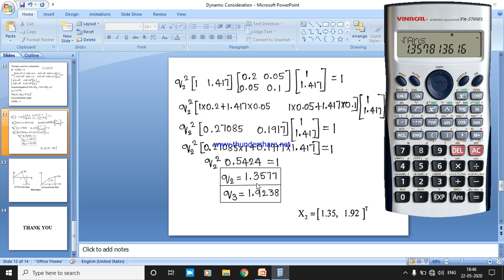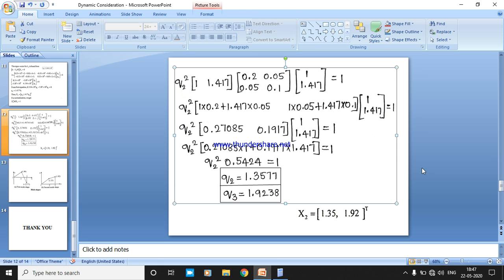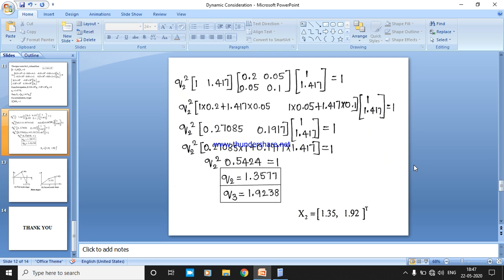So I got 1.35, and if I multiply this value with 1.417, I got 1.92. So finally the eigenvector for the second eigenvalue lambda 2 is equal to 1.35 and 1.92. So this is how we need to solve eigenvectors and eigenvalues.